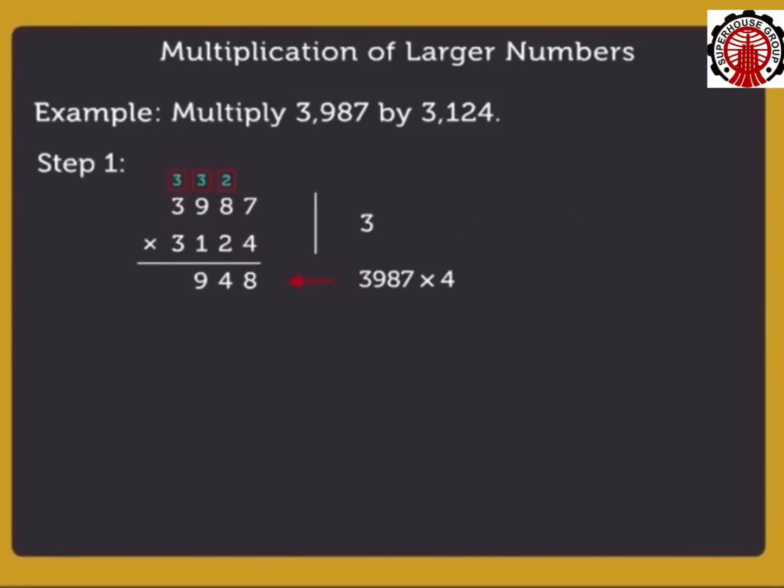Now 3 into 4 is equal to 12, plus the carried over 3 is equal to 15.